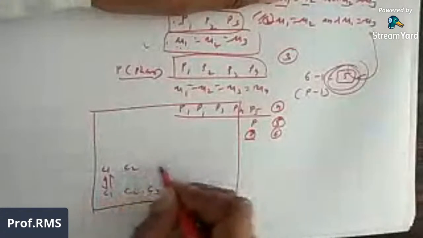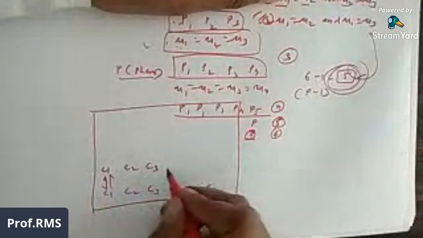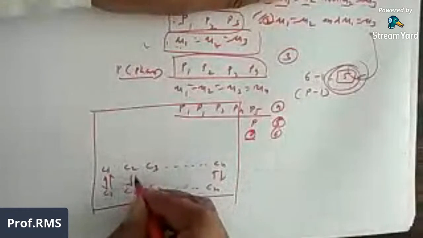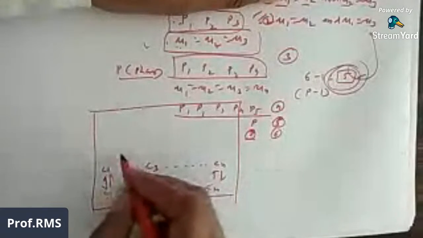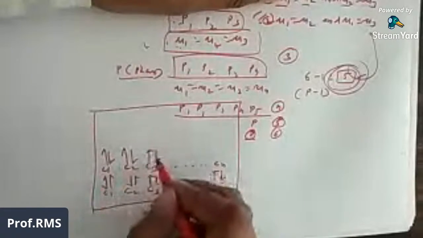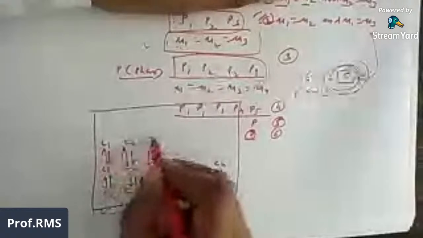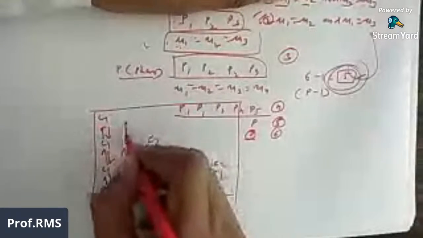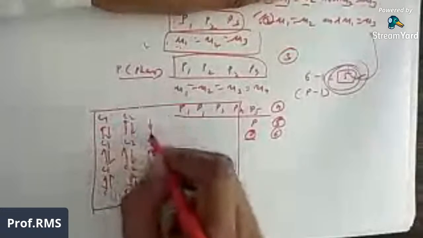This will be in equilibrium with C1, C2, C3, Cn, and C1, C2, C3.